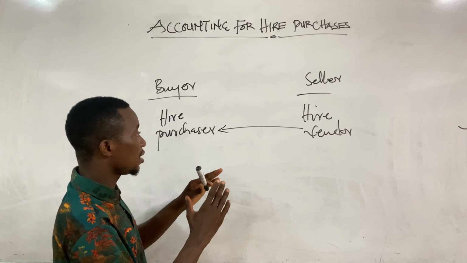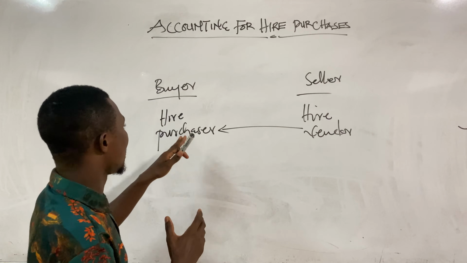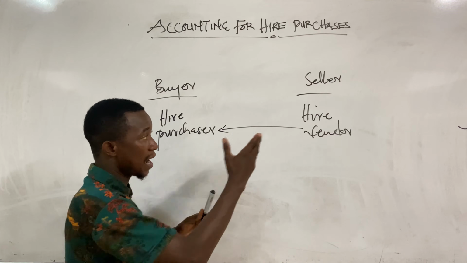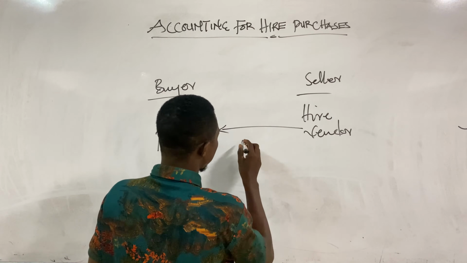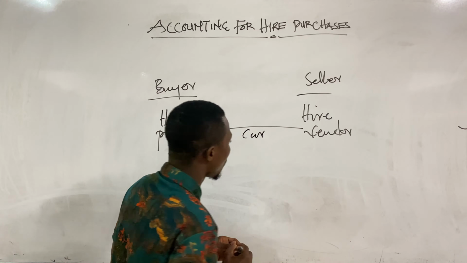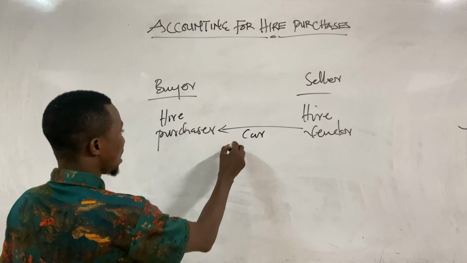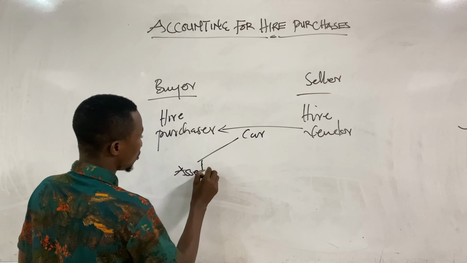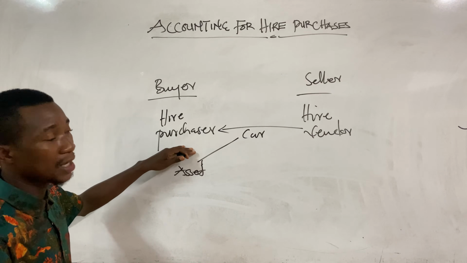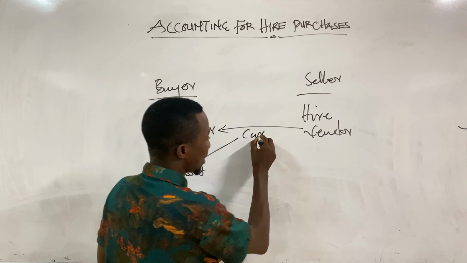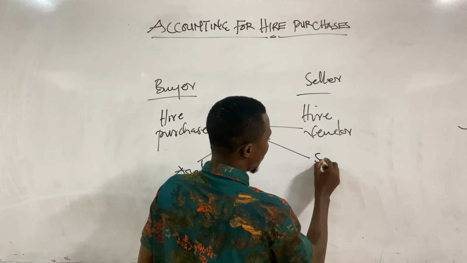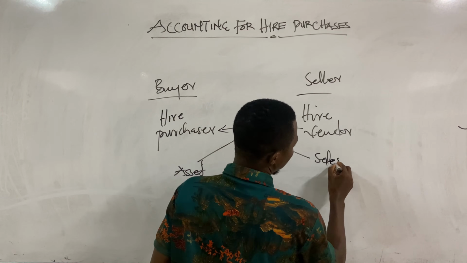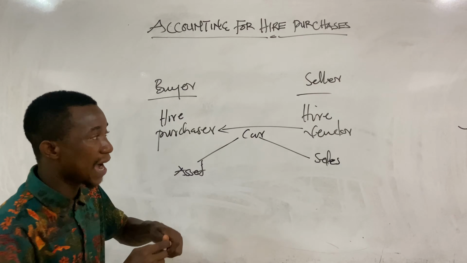So let's assume that the hire purchaser is buying an asset from the hire vendor, and this asset is a car. This car will be an asset for the hire purchaser, and it will be an item of sales to the hire vendor.